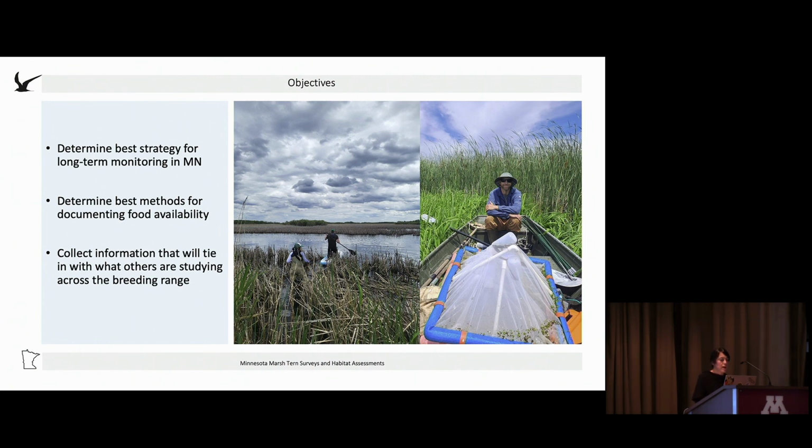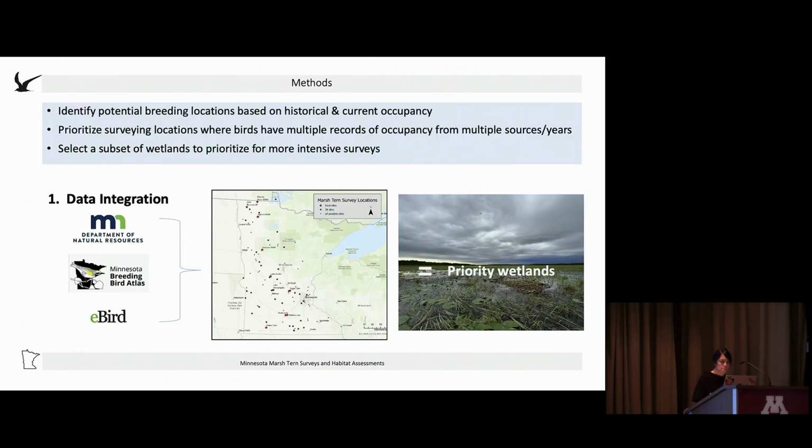And we wanted to look at food availability to see if there were any differences between sites that are persistent versus those that are currently abandoned. And of course, there are a lot of other people studying black terns throughout their breeding range, and so we also wanted to try to collect data in a way that could easily collaborate with others that are collecting similar data across the range.